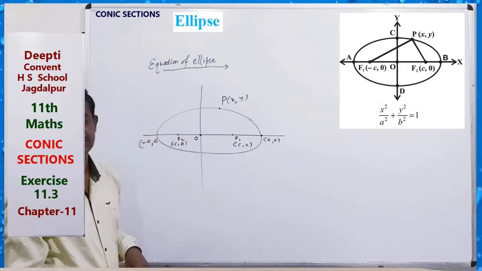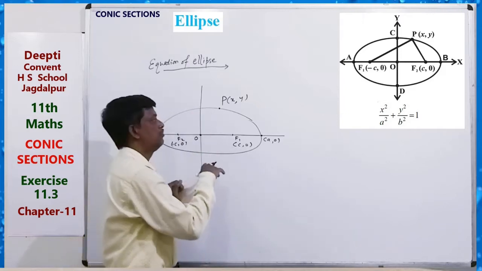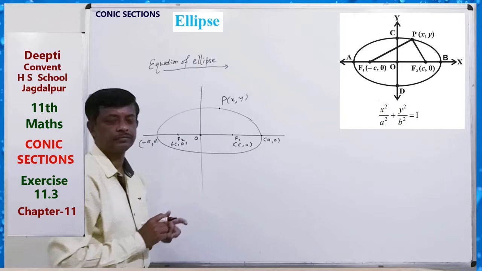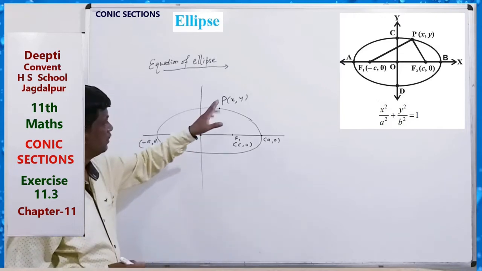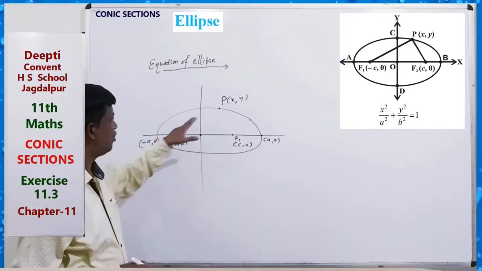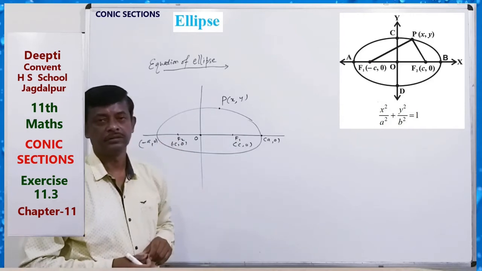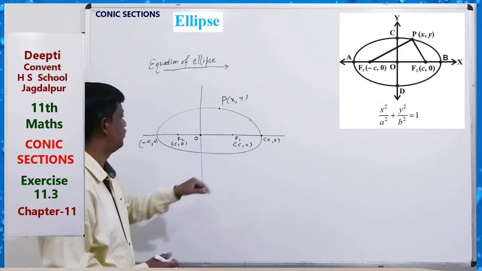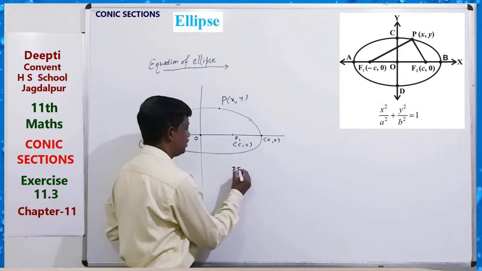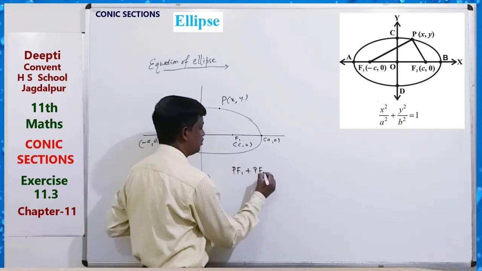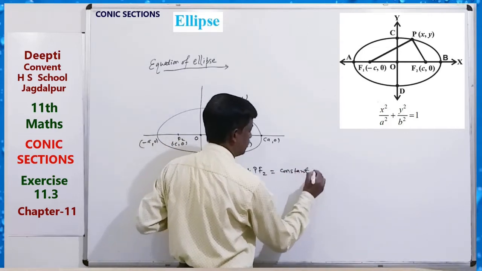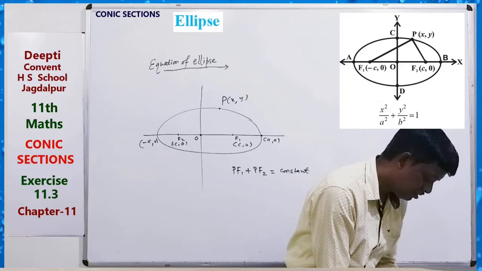Now we want to find the equation of the ellipse. How can we find the equation of the ellipse? According to the definition of ellipse, the sum of the distances of P from F1 and F2, PF1 plus PF2, is constant. Okay, always constant.